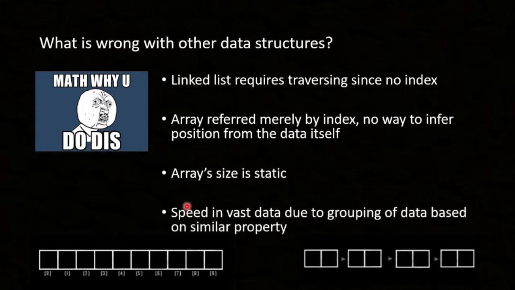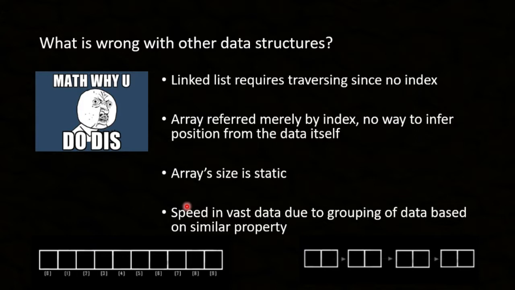With vast data, speed is very important, right? In accessing, deleting, and everything in processing a data structure, speed is very important. And this is what is offered by this particular data structure, hash tables. There's a grouping of data based on similar property from the hash code, as you'll understand later when I explain it.